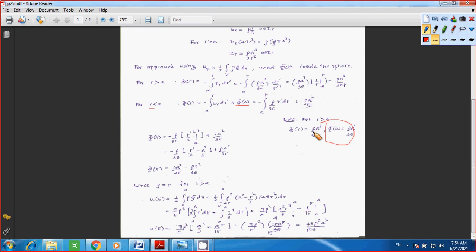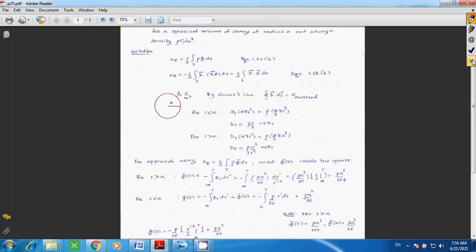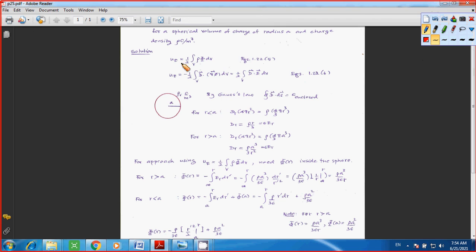And you go back to the equation here. Rho exists only for r less than a, inside the sphere. For r greater than a, rho equals 0.